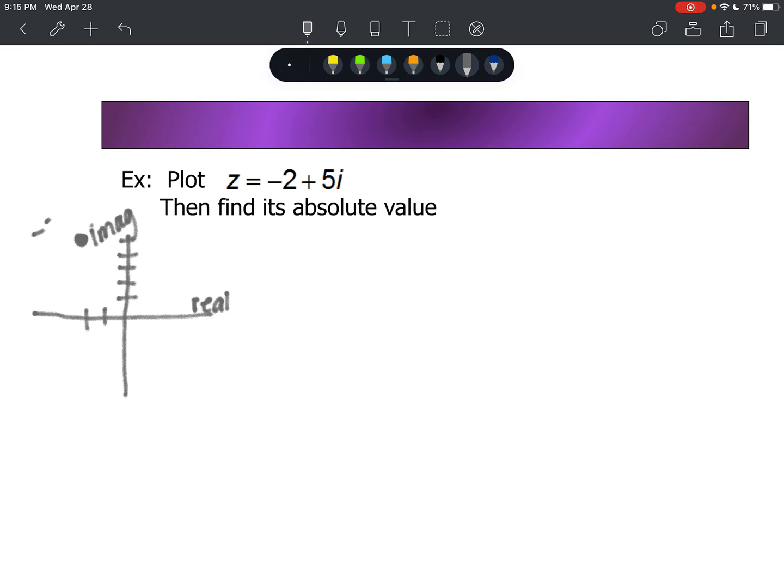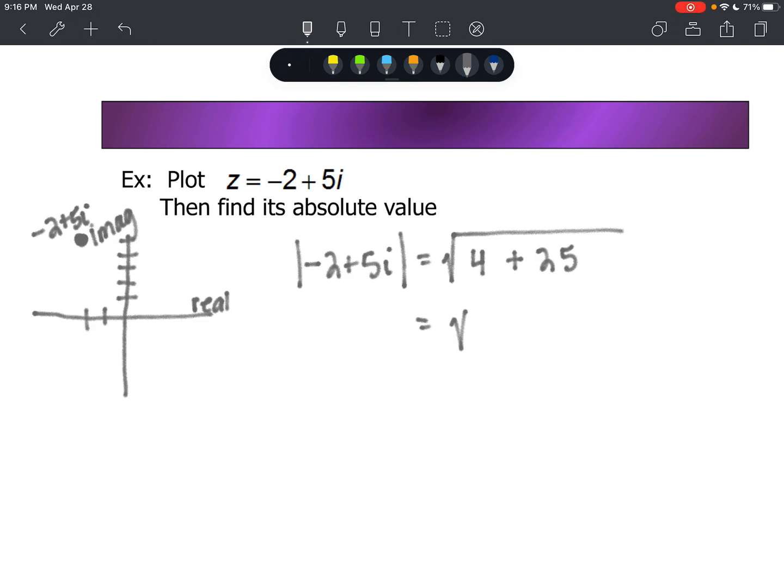So that's going to be negative 2 plus 5i. And the absolute value of negative 2 plus 5i is equal to the square root of negative 2 squared, which is 4, plus 5 squared, which is 25, and 4 plus 25 is 29. So the absolute value of z is equal to the square root of 29.